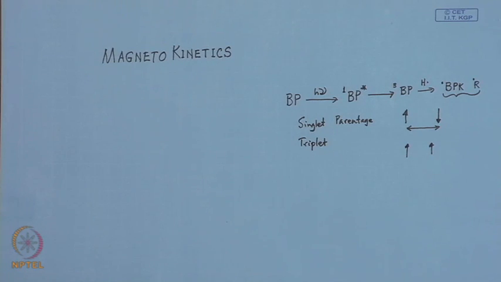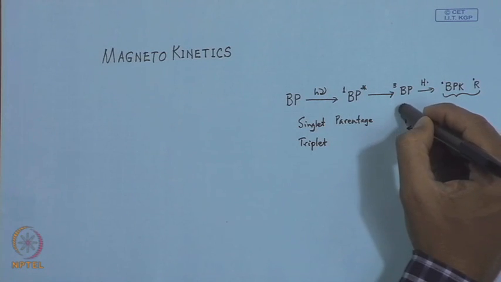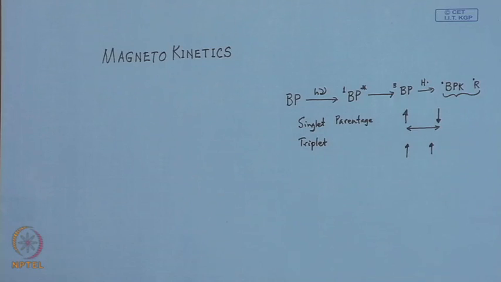These are electron spins, so they are paramagnetic. So the solution will have some magnetic behavior.